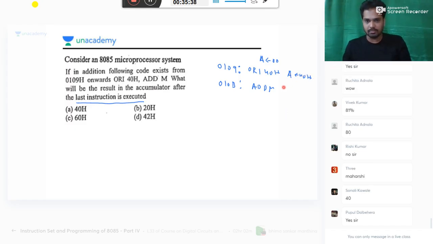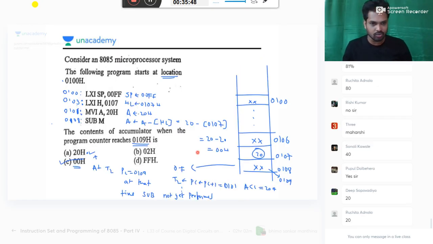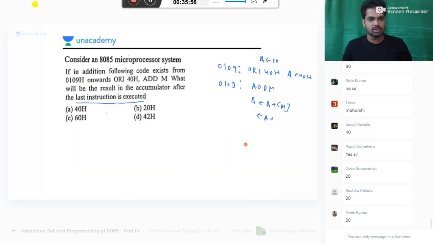Then ADD M: A will be copied with A plus the contents of the HL location. Already we know the HL location contents are not modified in the instruction. Subtract M is copied in the accumulator. M is not touched. HL is not touched anywhere, na. So it will be 20, that is 60 hexadecimal. Good. So let's move to the next question.